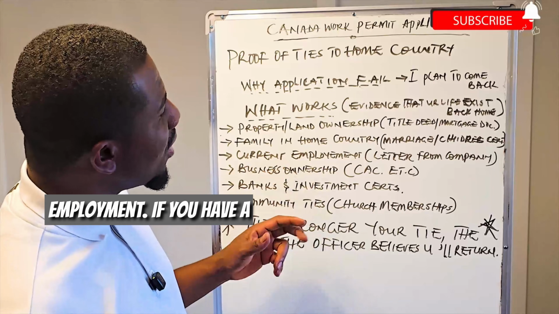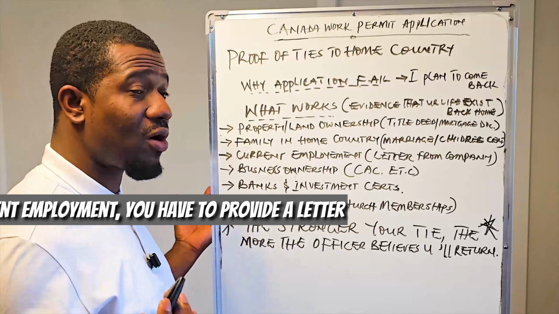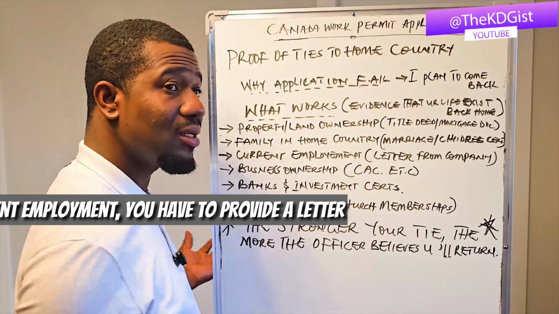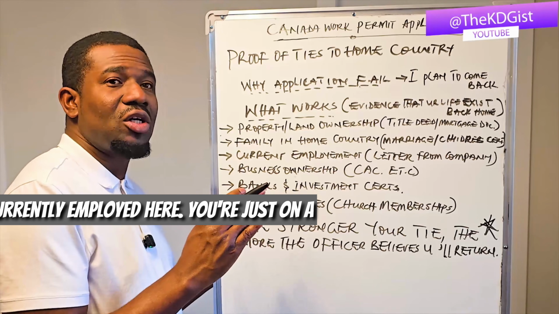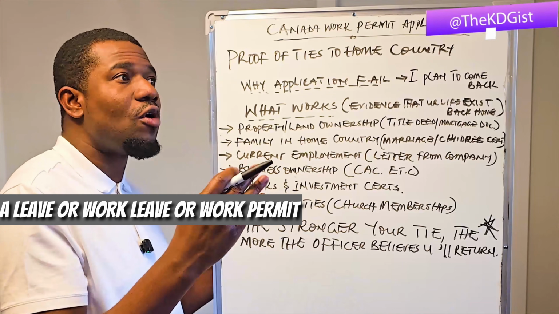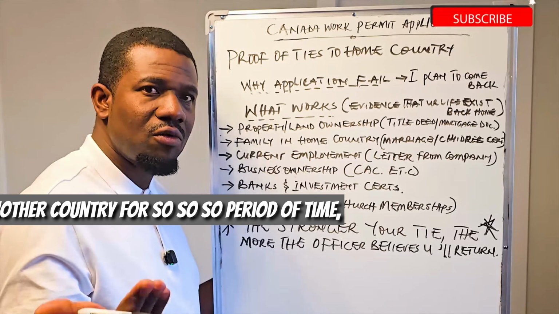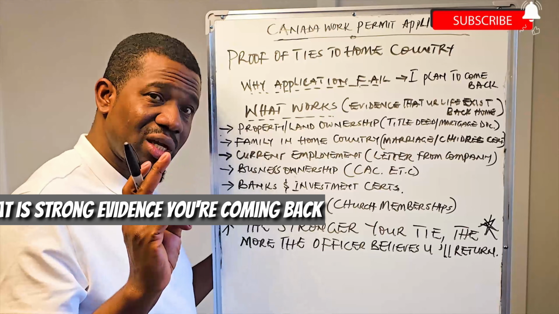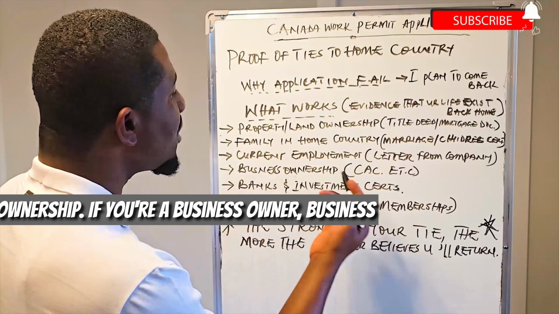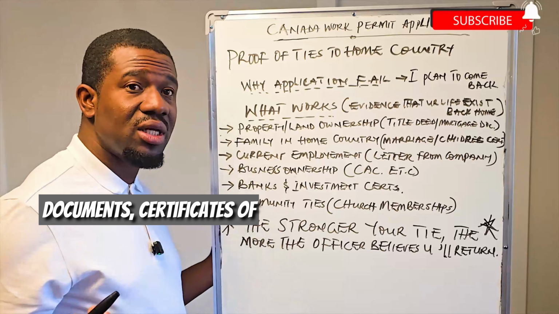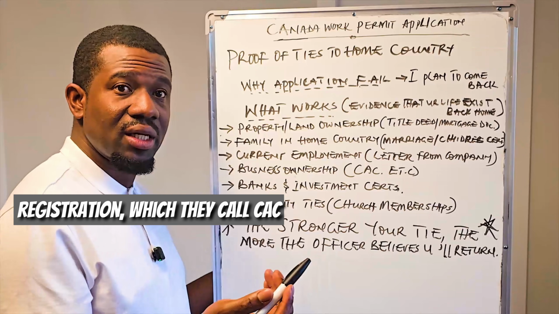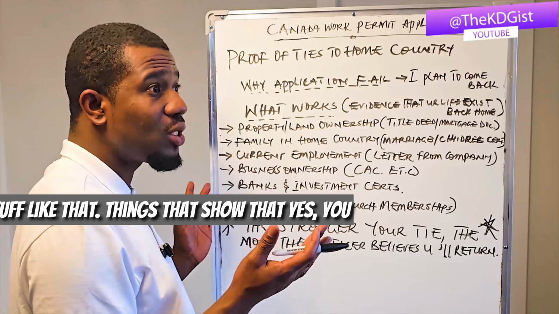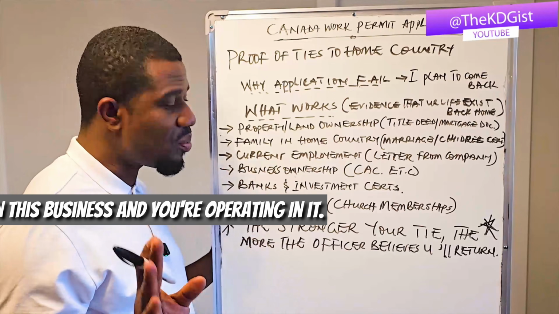Current employment. If you have current employment, you have to provide a letter from the company showing that you are currently employed there and are just on leave, or on a work permit to another country for a period of time. That's strong evidence you're coming back. Business ownership. If you're a business owner, provide business documents and certificates of registration, which they call CAC, showing that you run this business and you're operating it.